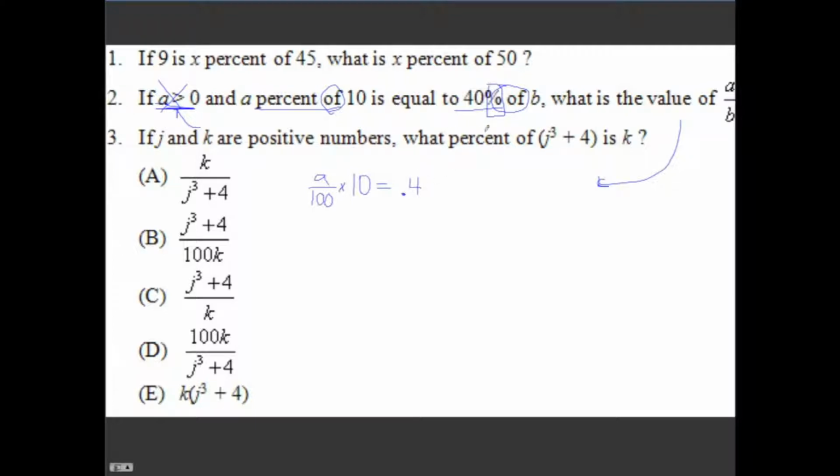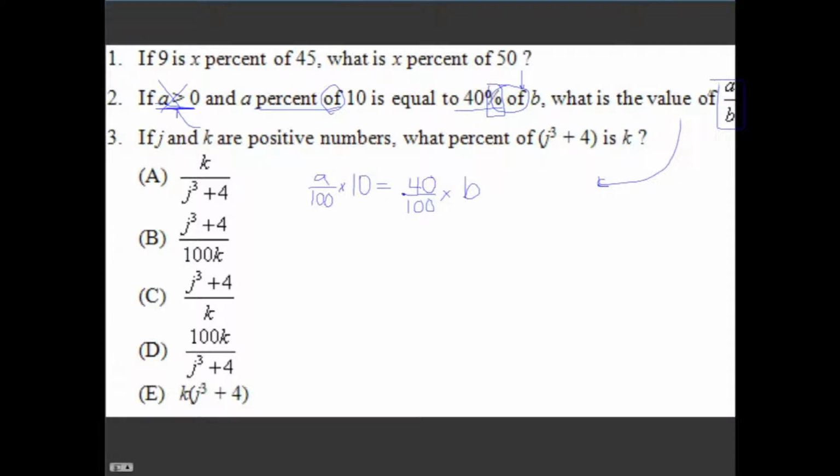Percent meaning divided by 100, as I keep saying again and again. And so I'm just going to write that as 40 over 100. And of B, of, again, remember, of means multiply, so times B. And that's going to be our expression.